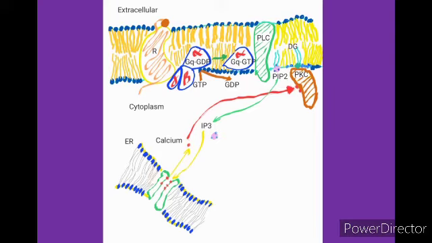So before receptor activation, neither DAG nor IP3 were present. After receptor activation, their amounts have increased.